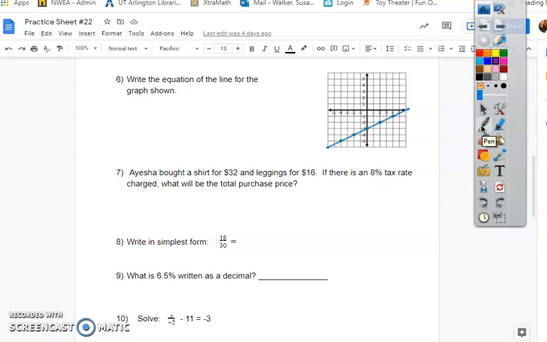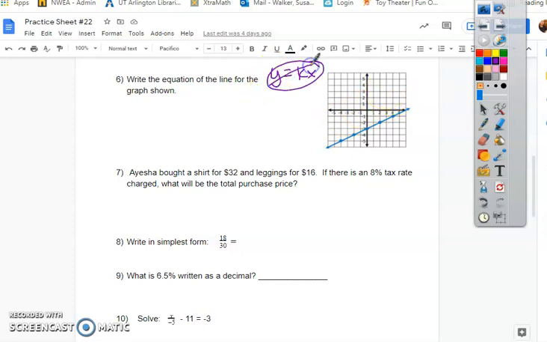So here's our line. And hopefully there's one important thing you can tell about this graph, which is that it is not proportional, right? Because it does not cross through (0, 0). So it is not y equals kx.